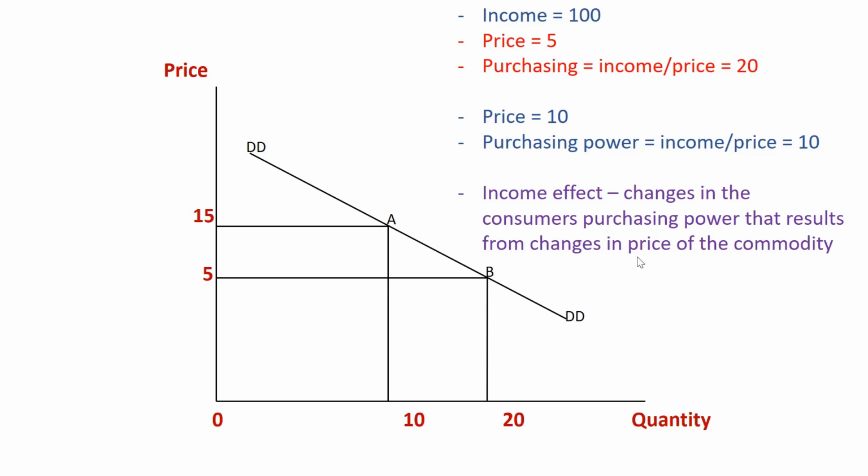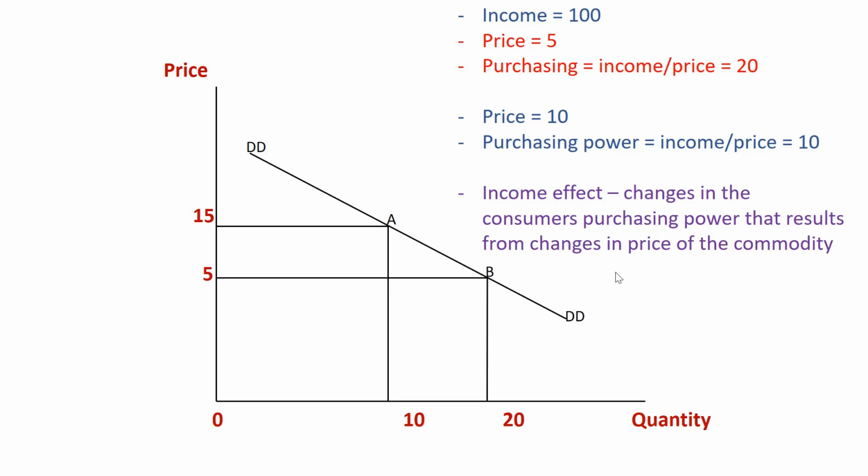We've been able to establish the fact that whenever the price of a commodity changes, there will be changes in the purchasing power of the consumer, and we term this as income effect. So we have to understand that the law of demand holds because of income effect.